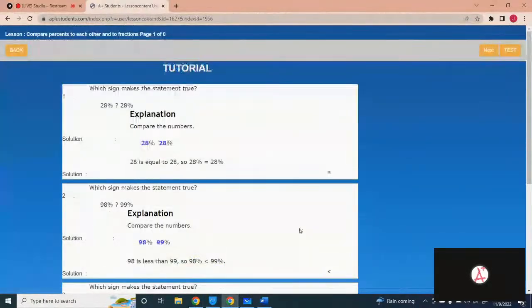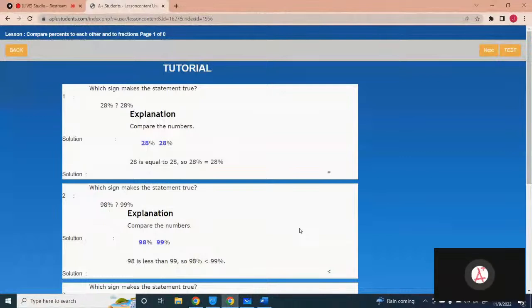Okay, which sign makes the statement true? 28% and 28%. So they are exactly equal, because both the numbers are the same.